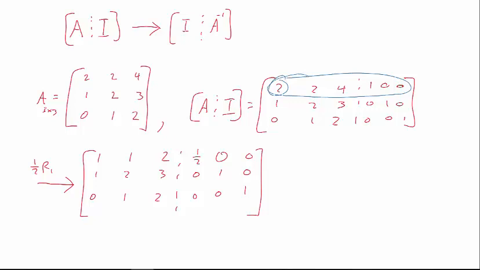So the next thing is, again, we're going to be pivoting off of this guy here, and we want to use him to eliminate that element right there. And so this is simply a matter of replacing row 2 with R2 minus row 1.